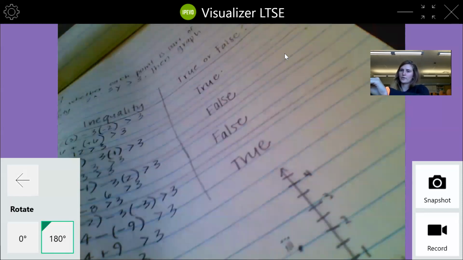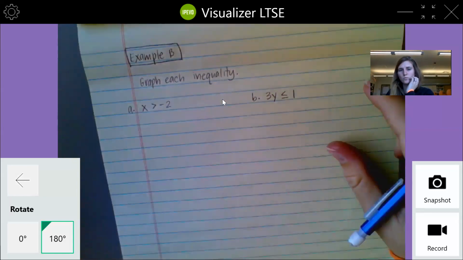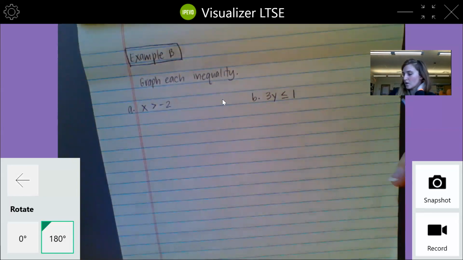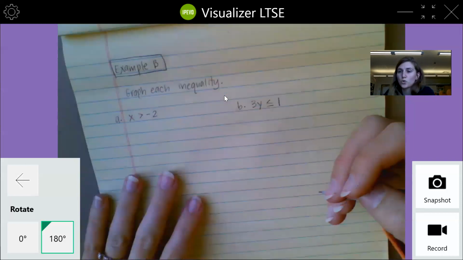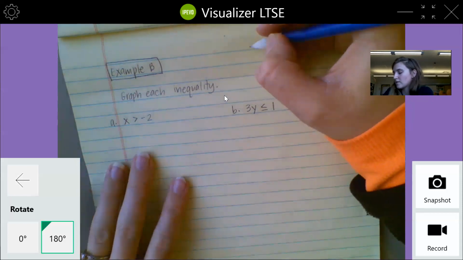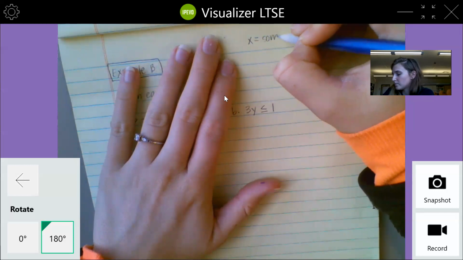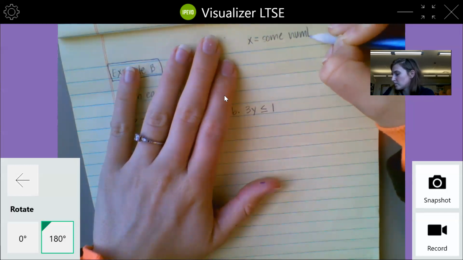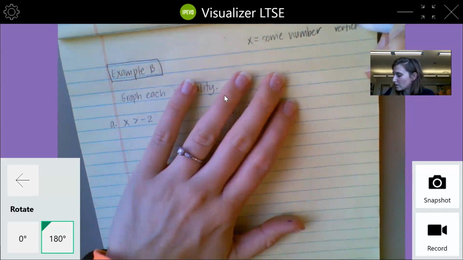Let's try another example. We're going to graph 2 more inequalities. So these inequalities, I can tell just by looking at them that they are either horizontal or vertical lines. Similar to equations, when we have an equation that looks like x equals some number, that's going to be a vertical line.